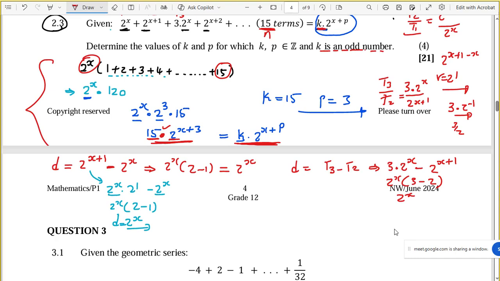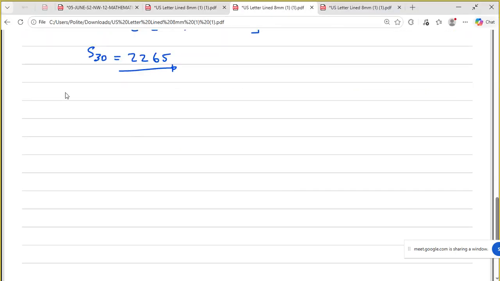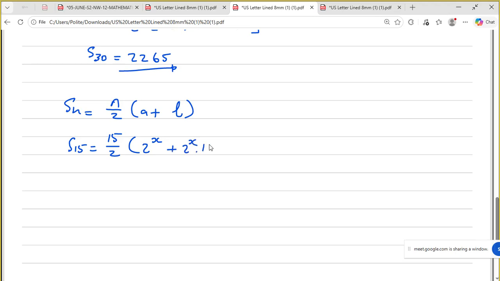Since this is arithmetic, for the sum of terms we use n over 2 into a plus the last term. So I think I can just work this out on this side. Sn is equal to n over 2 into a plus the last term, and now the sum of 15 terms is 15 over 2 into a, which is 2^x, that's the first term, plus the last term, which is 2^x times 15.